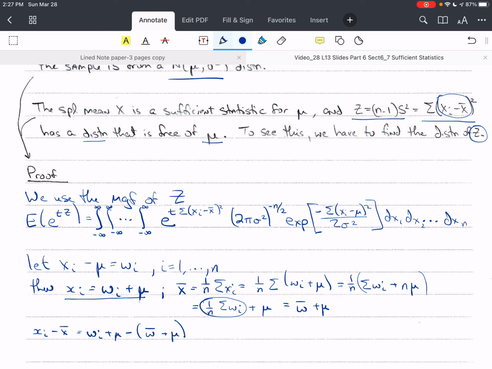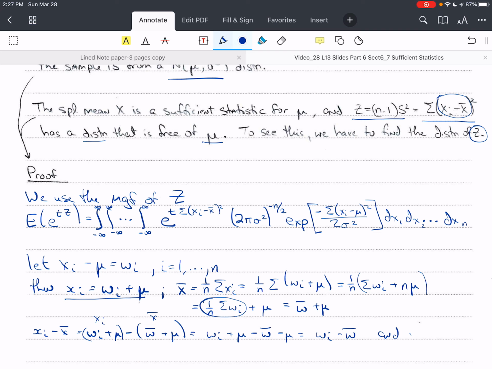Okay? So that is x sub i minus x bar, which is equal to wi plus mu minus w bar minus mu, which is equal to wi minus w bar. So the mu's cancel here.